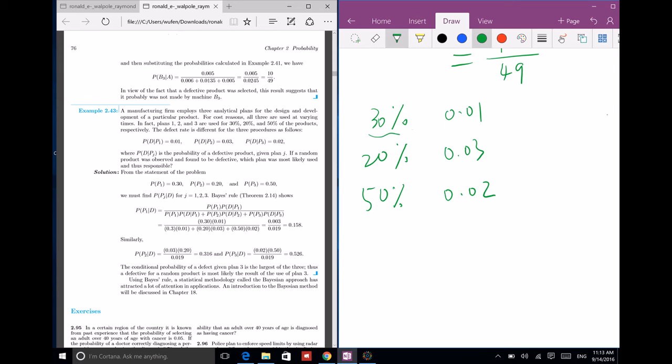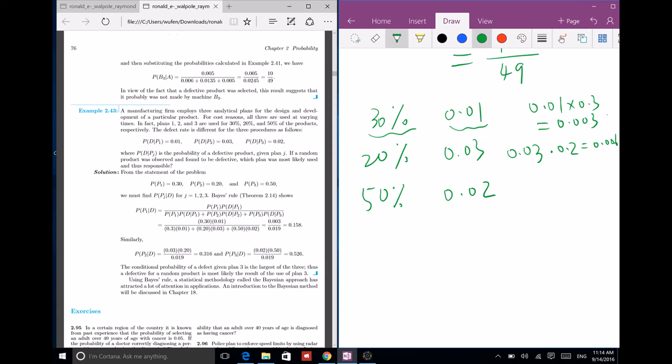So for the first one, we use it 30% of the time, and it is 1% defective. You multiply them together, 0.01 times 0.3, and it gives you 0.003. That's for the first one. The second one is 0.03 times 0.2, which is 0.006.